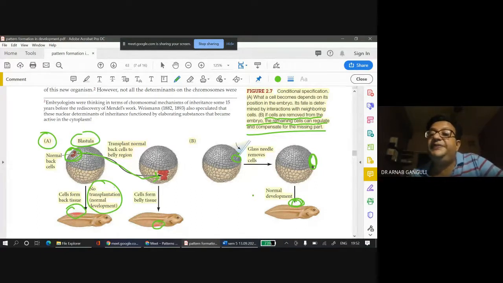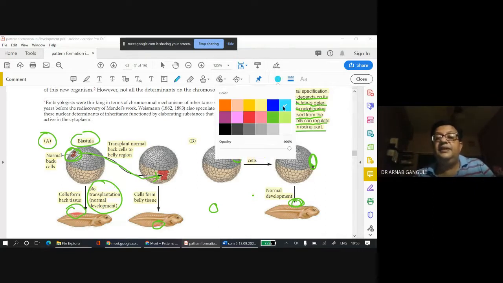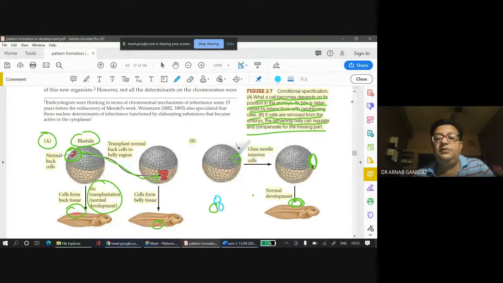So conditional specification is that what a cell becomes depends on its position in the embryo. Its fate is determined by interactions with the neighboring cells. So if the neighboring cells are nerve cells, in blue, I'm drawing them in blue, then there is a high possibility that this green cell will become blue.